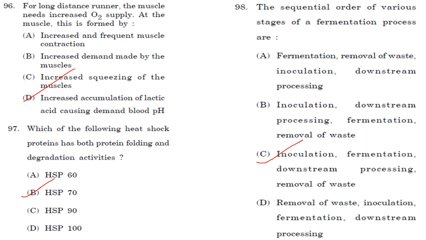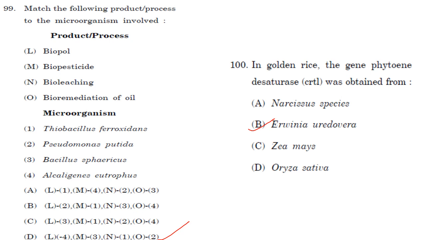The sequential order of various stages of fermentation process is inoculation, fermentation, downstream processing and removal of waste. Then we match the following product or processes to the microorganism involved.